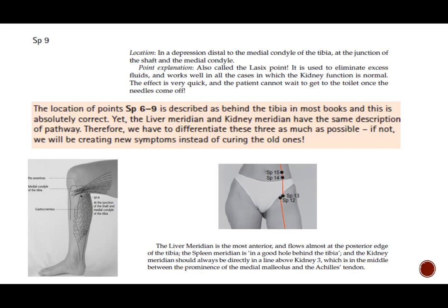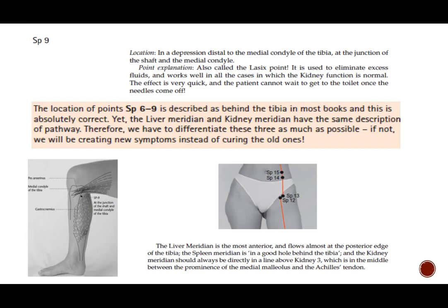The location of points Spleen-6 to 9 is described as behind the tibia in most books, and this is absolutely correct. The liver meridian and kidney meridian have the same description of pathways. Therefore, we have to differentiate these three as much as possible. If not, we will be creating new symptoms instead of curing the old ones.